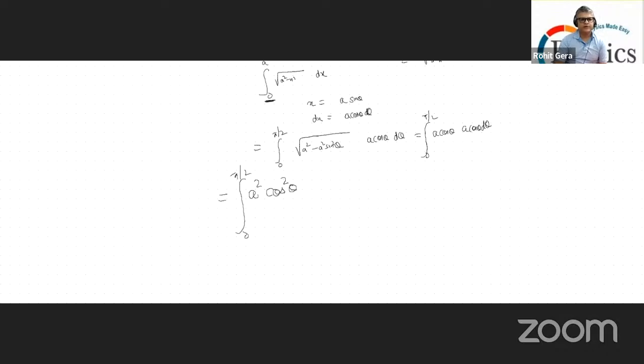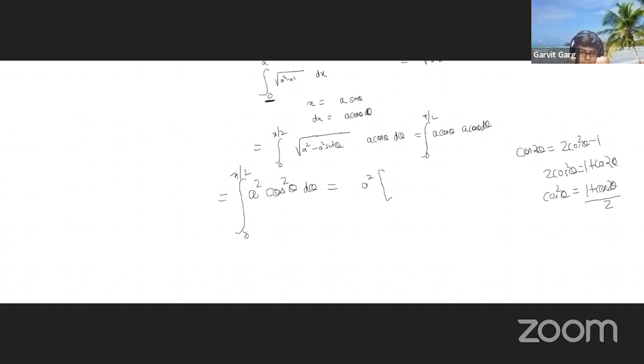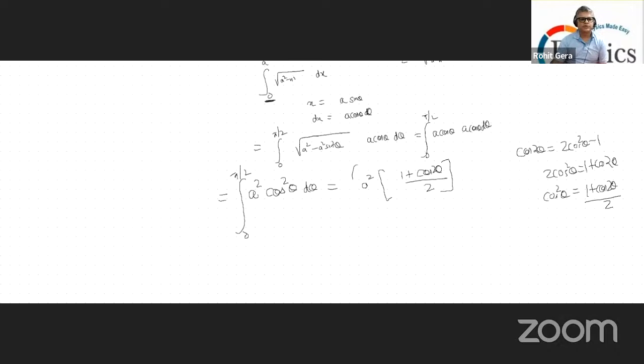So we know cos 2 theta is equal to 2 cos squared theta minus 1, and so 2 cos squared theta is equal to 1 plus cos 2 theta. And cos squared theta is equal to 1 plus cos 2 theta by 2, so this is a square times the integral of 1 plus cos 2 theta by 2, from 0 to pi by 2 d theta.